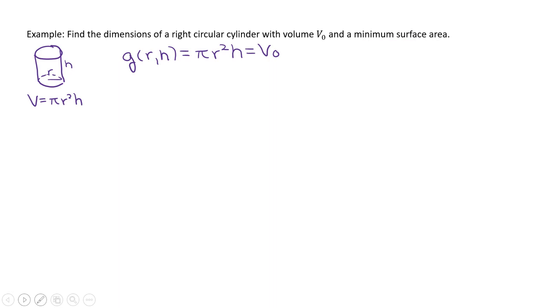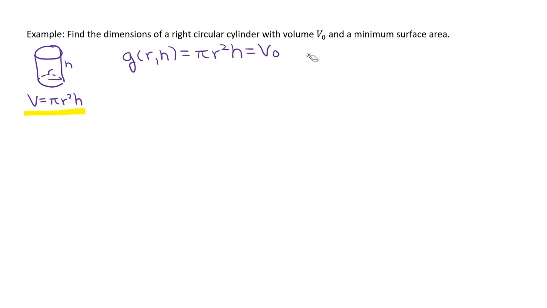So to be consistent, I'm going to use the letter g for my constraint. And the variables here are r and h. So again, the constraint is the fixed volume. And I know the volume of a cylinder is pi r squared times h.